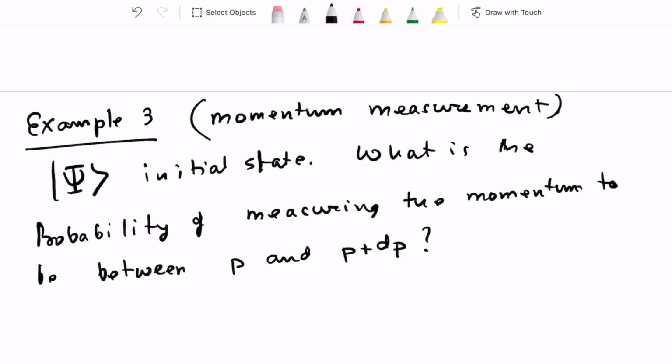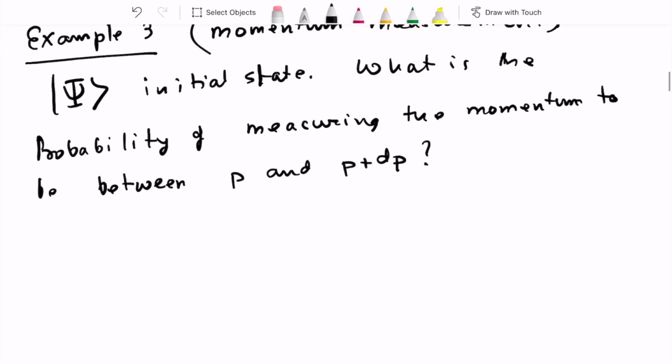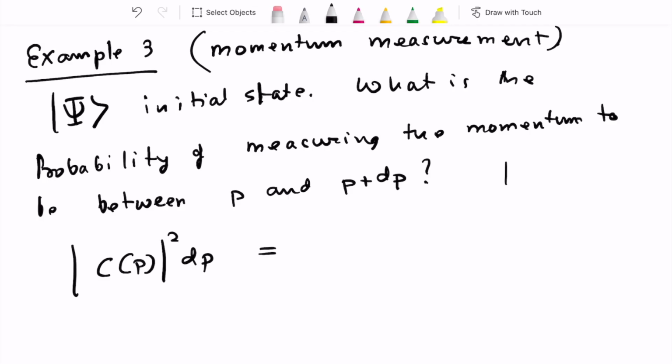So we are going to use the general statistical interpretation to answer this question. According to the general statistical interpretation, the probability will just be, it's the same pattern, |C(p)|^2 dp. So that's what the answer is going to be. And this C(p) is just the scalar product of the momentum eigenstate.